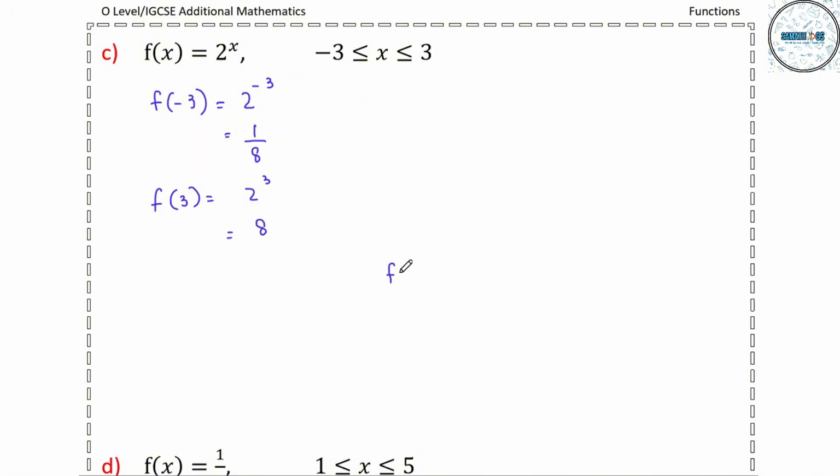So the range is f of x greater than or equal to 1 upon 8 and less than or equal to 8. -3 is in the domain, so 1 upon 8 is also a part of the range. 3 is also in the domain, so 8 is a part of the range.